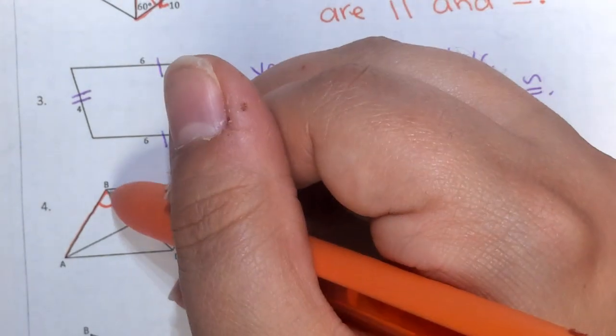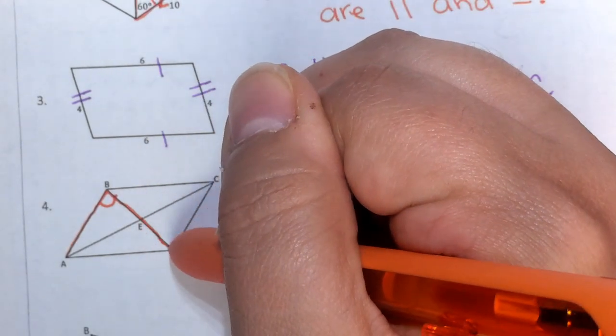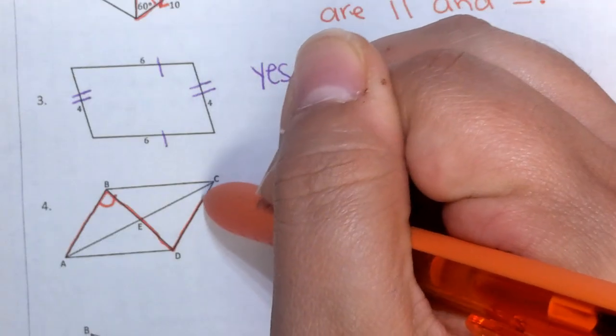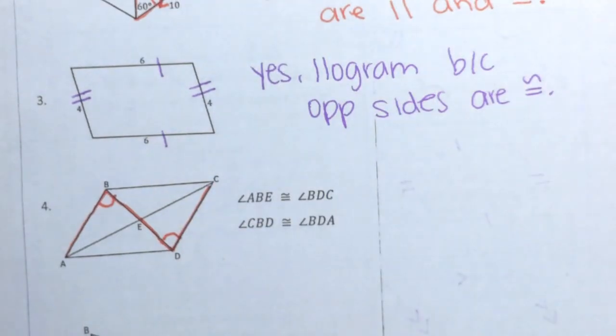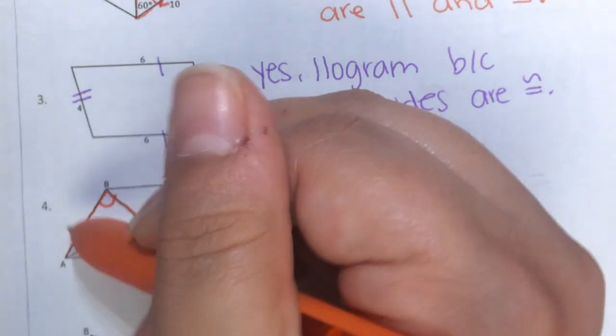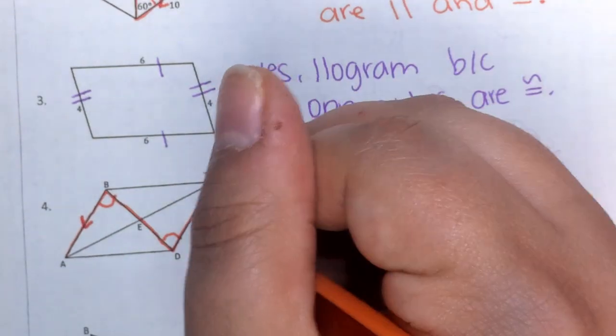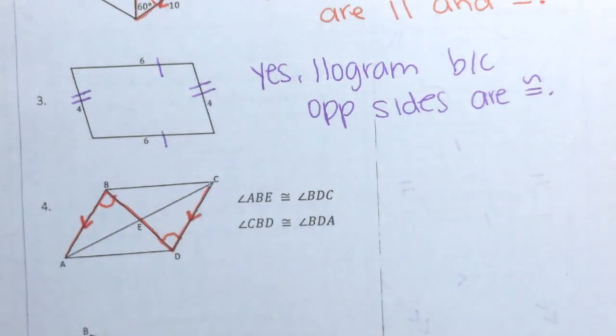BDC. Start at B, go to D, go to C. These are AIA, so what do we know? They're parallel. Which ones are parallel? AB is parallel to DC.